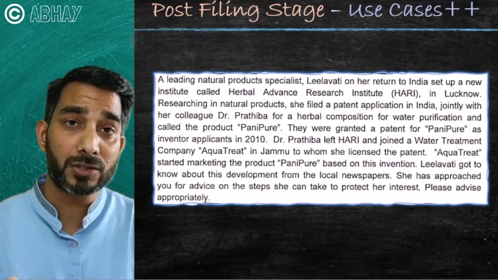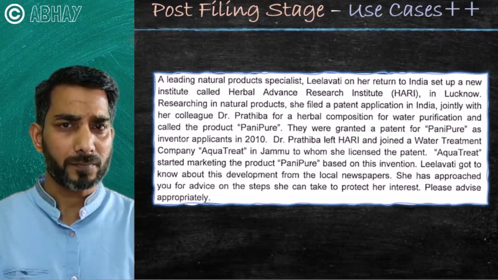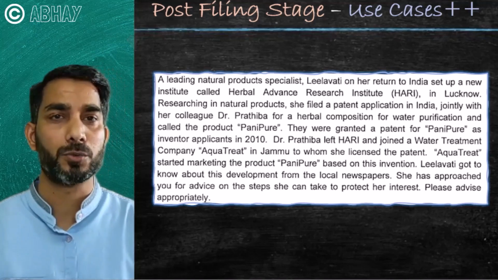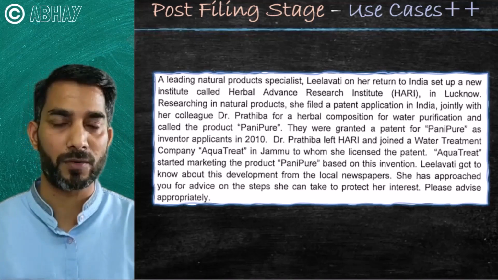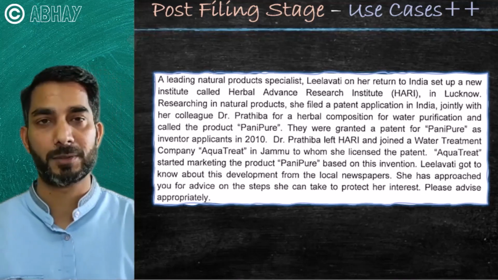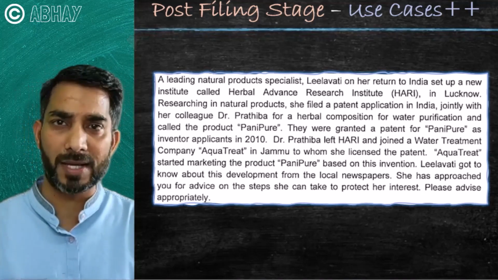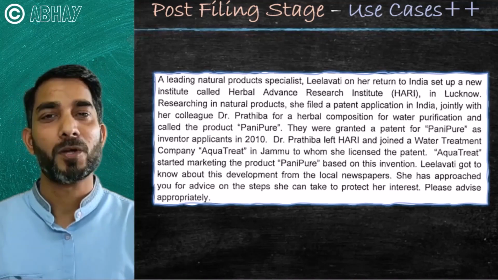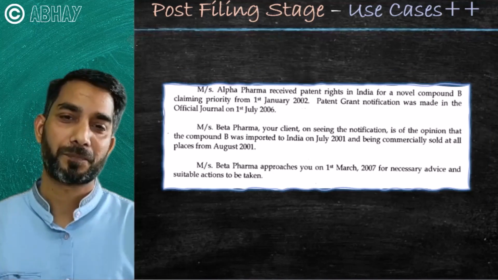What is the relief that is sought by it? Relief is license should not be provided, or if license needs to be provided, she needs to be party to the license agreement, something of that sort, right? And develop the story, provide the forms which are required as per section 20, provide the timelines, and go about explaining the case. Moving to the next one.